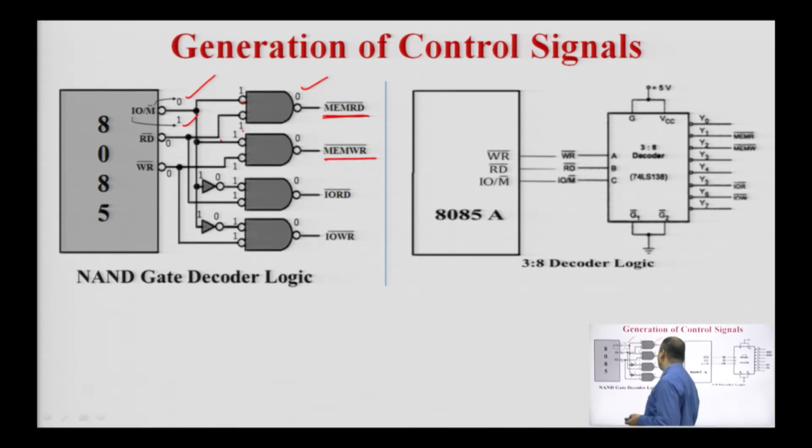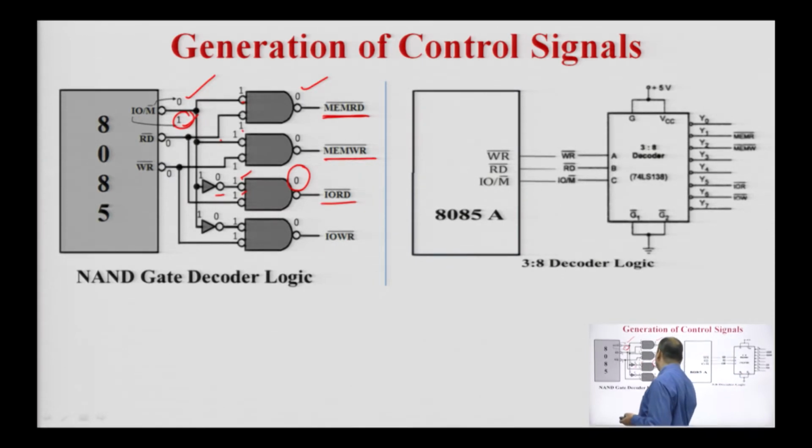Similarly, for input output related operation, the status on this particular pin is logic 1; this logic 1 appears here and is inverted, so it becomes 0, and finally it is again inverted at the input to the NAND gate. So for the input output read control signal, the input to this NAND gate is 1 1 and it gives the output 0, which is the active low input output read control signal for the input output device.